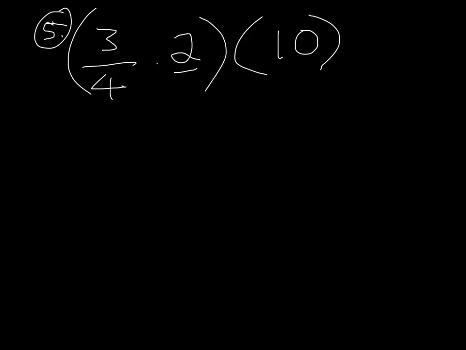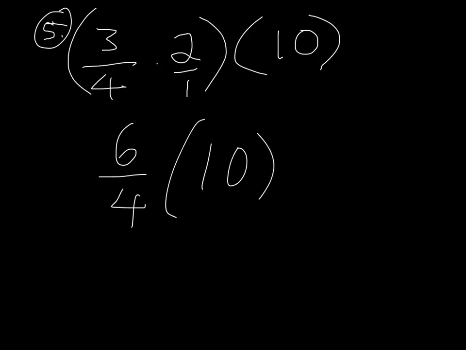So if we write this as 2 over 1, then we can multiply straight across to get 6/4. You can leave it like that with the improper fraction. And then we have times 10 here. Well, 6/4 times 10, again we can do the same thing by putting a 1 underneath our 10. That does not change it. And we get 60 over 4.